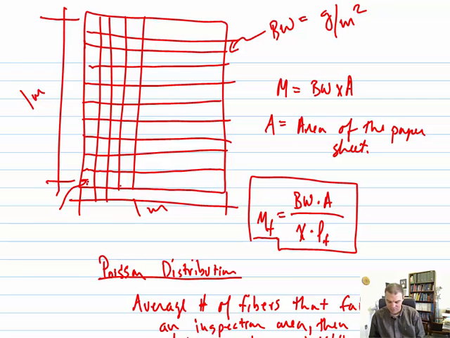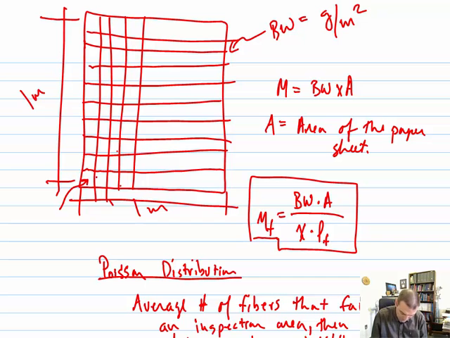The simplest way to do this is to determine how many total areas there are. If we broke this up into 10 down this side and 10 down this side, there'd be 100 total areas. If we know the total number of fibers, we simply divide it by 100, and that gives us the number of fibers within that given area. That would be one way to do it.